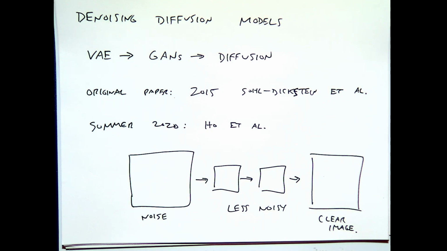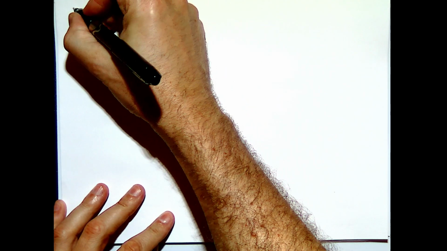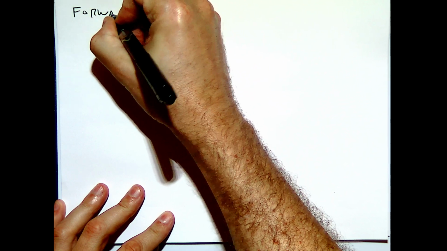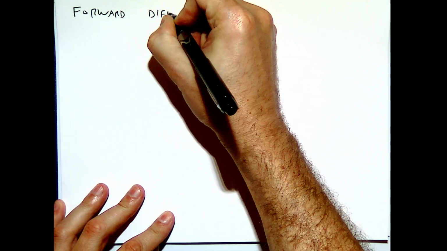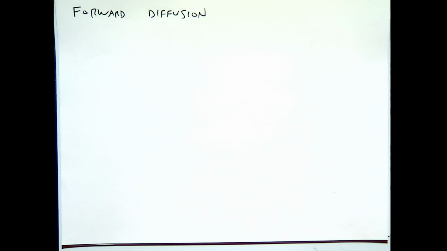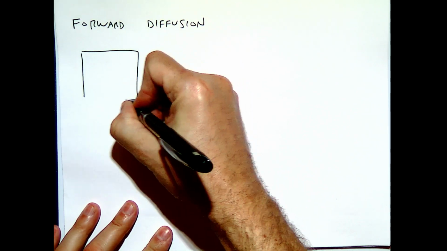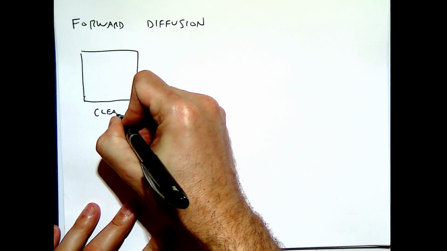And so, again, the way that we do this is that we start with what's called forward diffusion, right? So forward diffusion is easy, right? We start with a clean image like this. So this is a clear image.